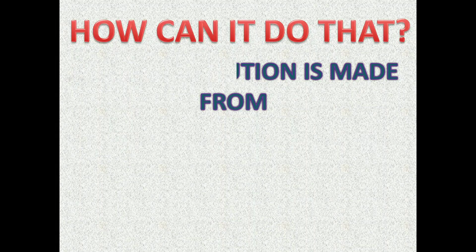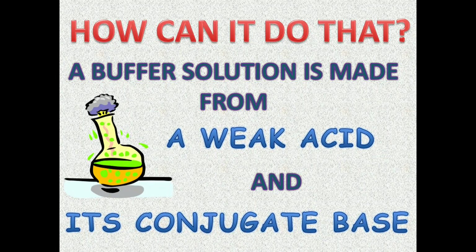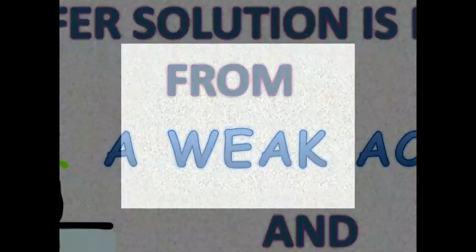So how do we do that? We use the common ion effect, and we make the buffer from a weak acid and its conjugate base. So something like the nitrous acid and sodium nitrite, or the hydrazoic acid and the sodium azide. I could also do it the other way around.